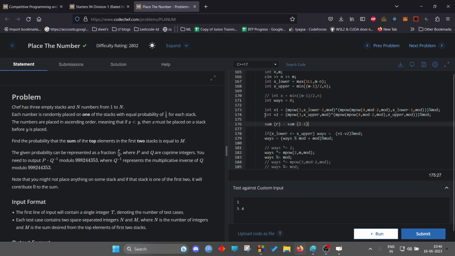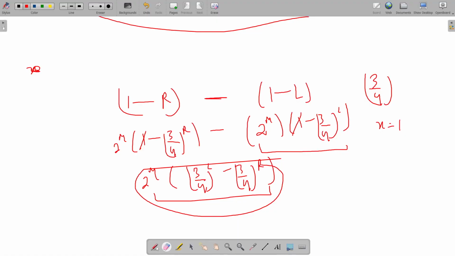So the sum till r will look like till the upper limit, and this is basically 3 by 4. You have to take care of mod as well. So if you're doing 3 by 4 mod something, then this will be 3 into 4 inverse.